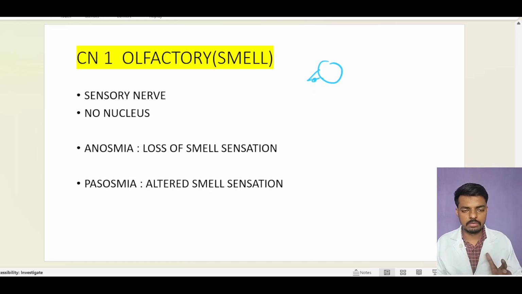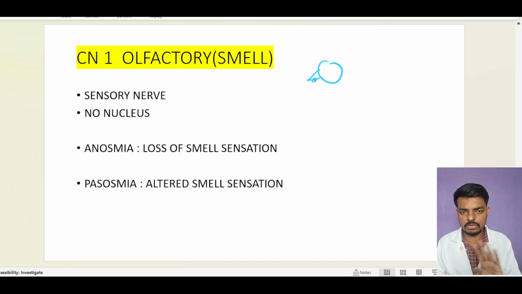Okay, when you are passing beside a good restaurant, you will get smells from there, some coffee smell, some food smell, and some lemon smell, some fruit smell. So the sensory smell you are getting is because of your olfactory nerve.